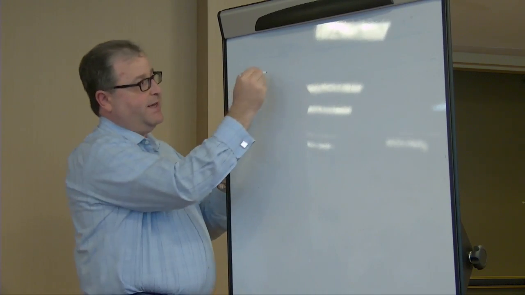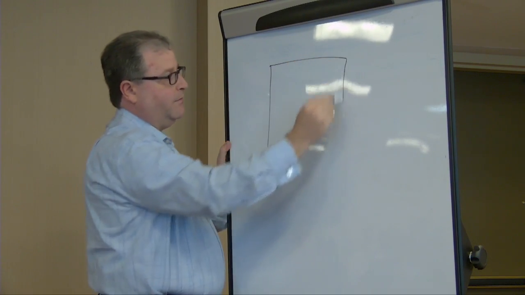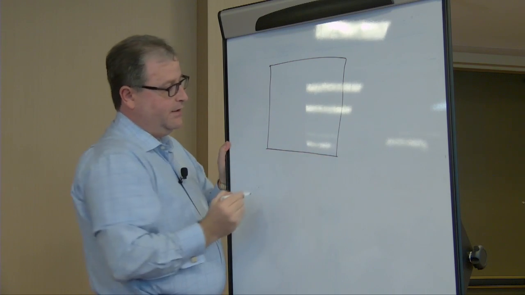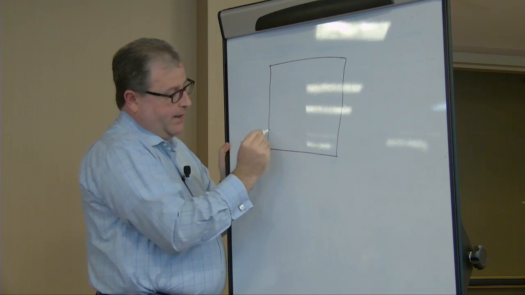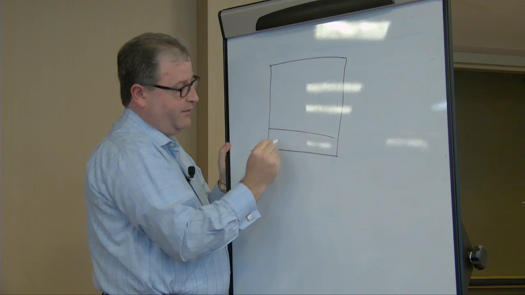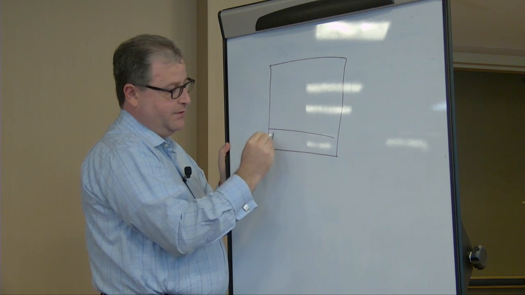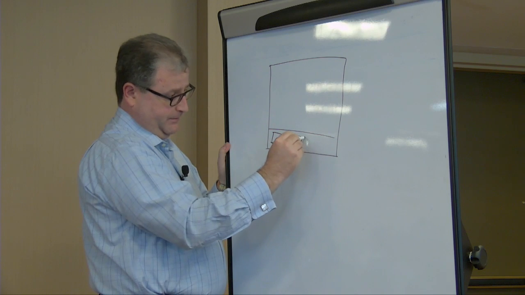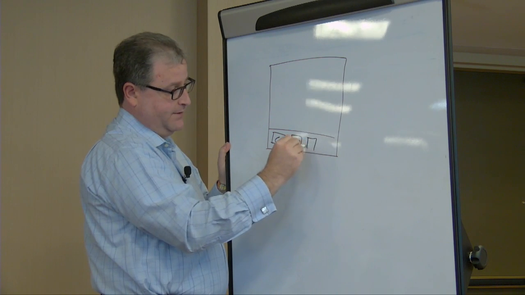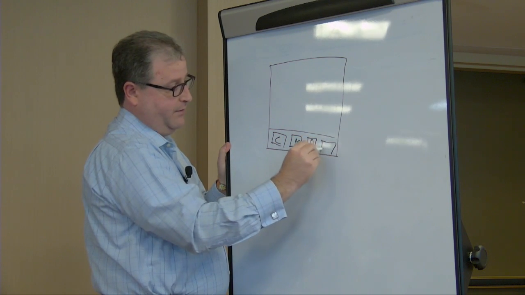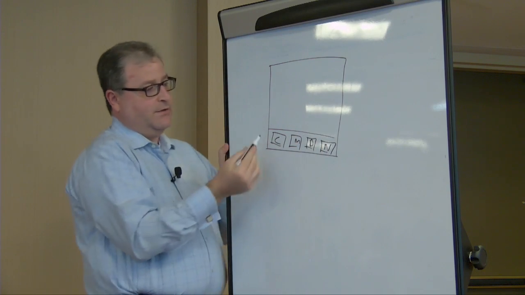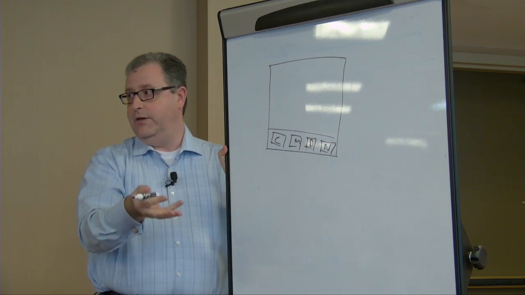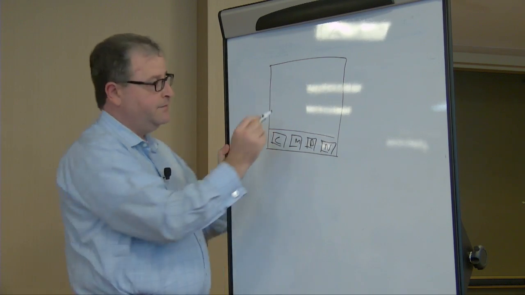In the StorageOS case, I'm going to draw a slightly larger server now. We have a bunch of compute resources. So we have a CPU, we have some memory, and we have some disk, and we have some network. And this can obviously be bare metal, or it could be a virtual machine.